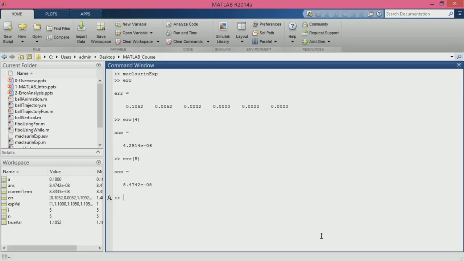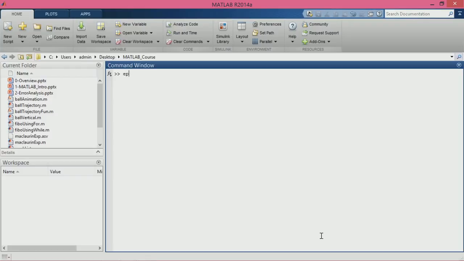In case of MATLAB, the machine precision is given by a keyword EPS, and the machine precision in MATLAB is 2 multiplied by 10 to the power minus 16. Okay. This machine precision is 2 to the power minus 52.